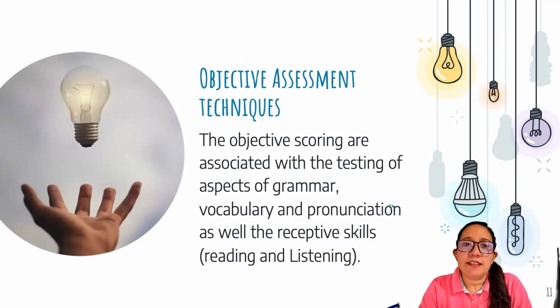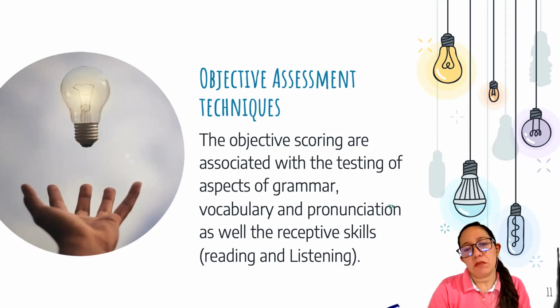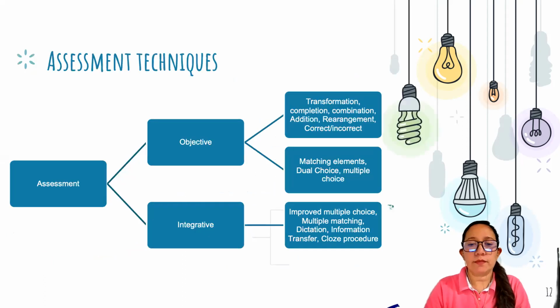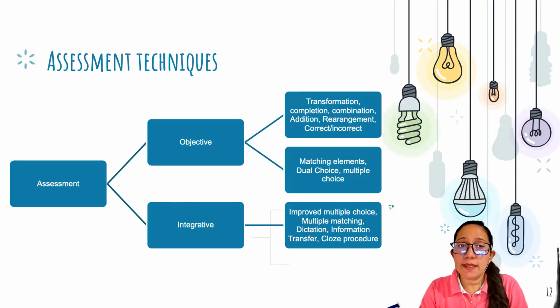As for the objective assessment techniques, objective scoring is associated with the testing of aspects of grammar, vocabulary, and pronunciation, as well as the receptive skills like reading and listening. It is important to remember that these skills are worked in any kind of English lesson. Assessment techniques are divided into objective and integrative.